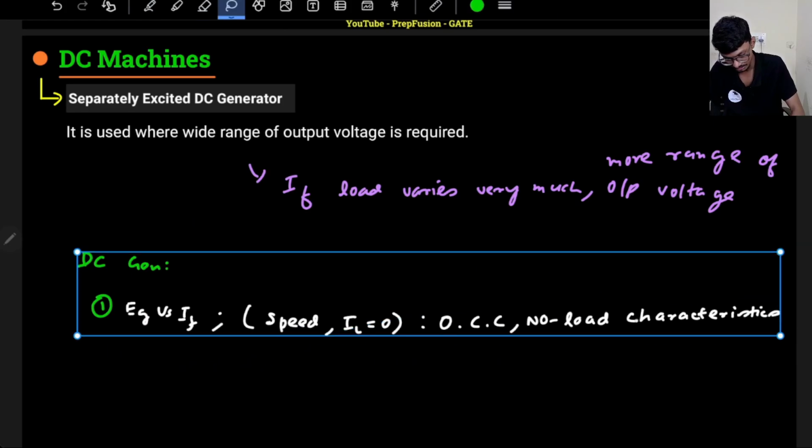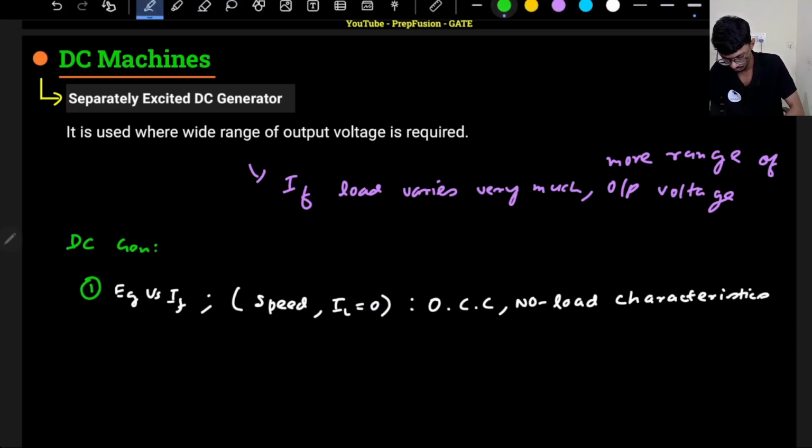Okay, next up we have our load characteristics. Load characteristics is with respect to Vt versus If, where the speed is constant. I forgot to write this.